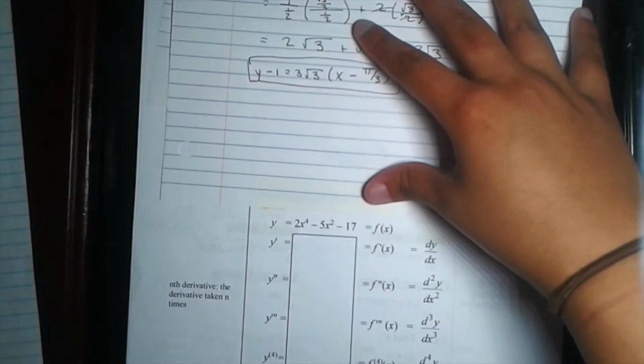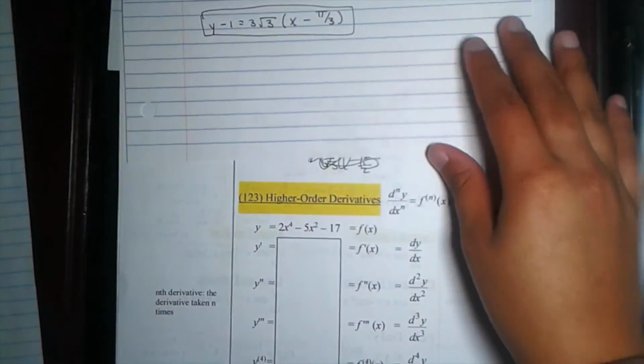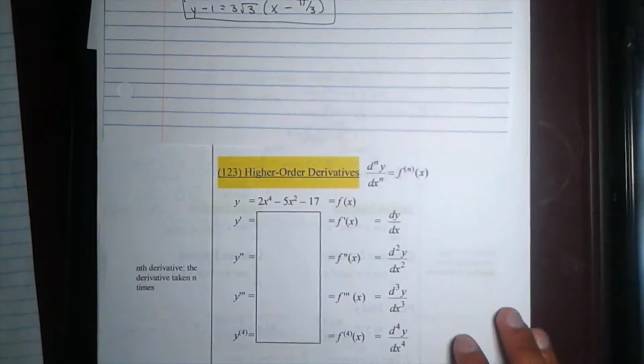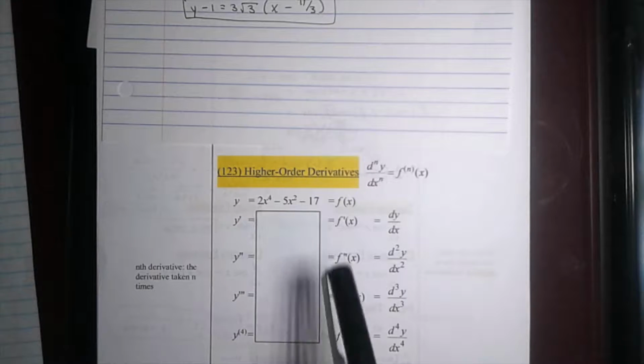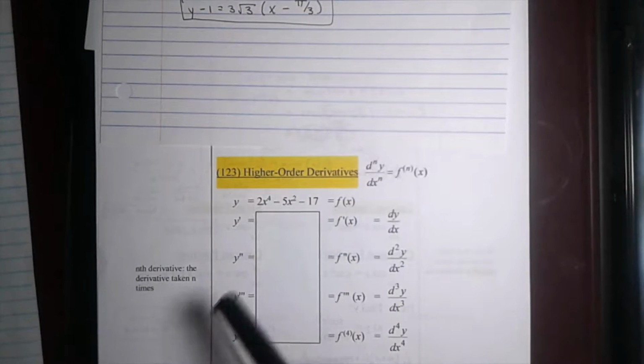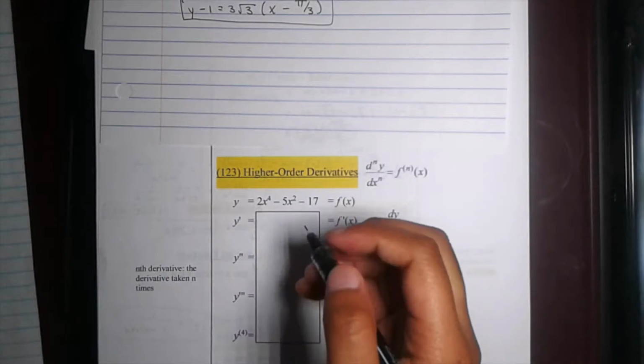For this problem. Alright, so for the next part of this lesson, it wants you to do higher order derivatives past the first derivative. So this is the original equation. It wants us to find the first derivative.